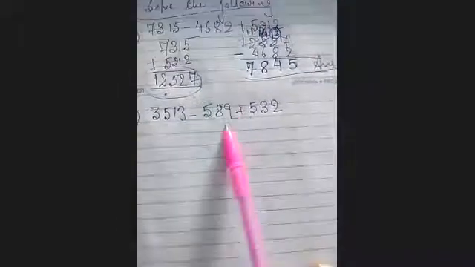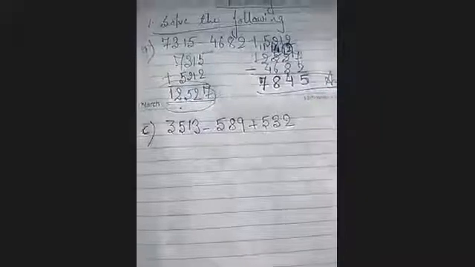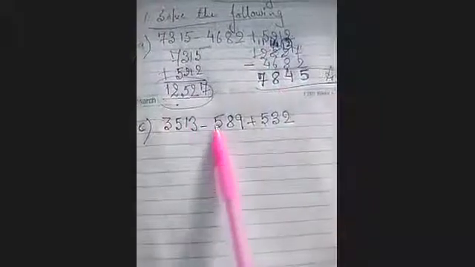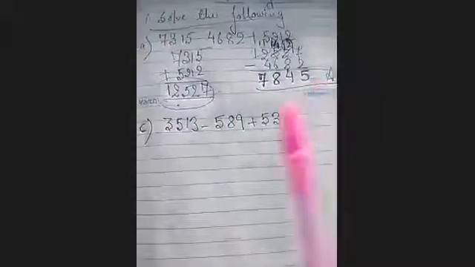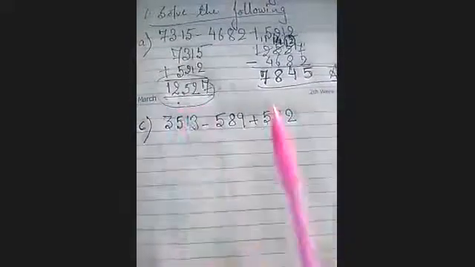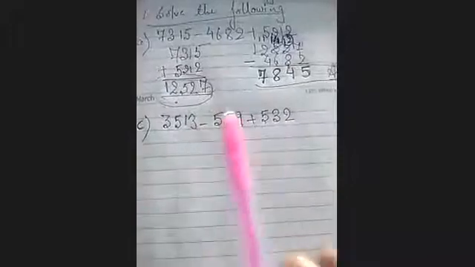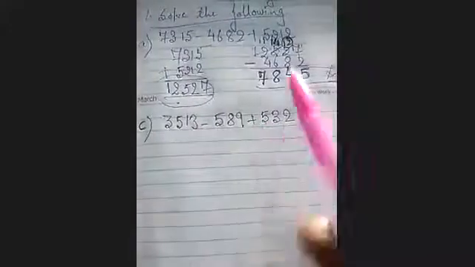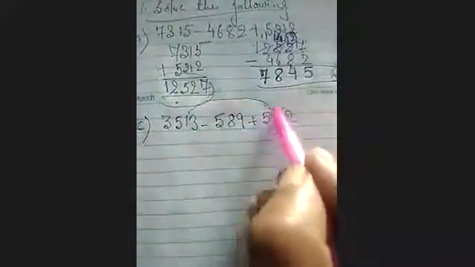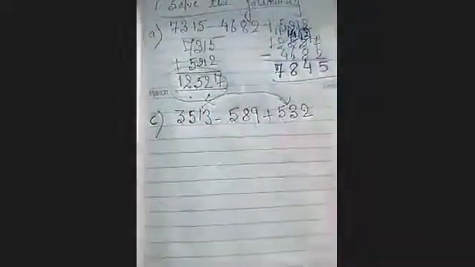Similarly, here in this question, we have to keep the friends together first, whether it is plus or minus. But always start solving this kind of question with addition. So here it is plus and here it is also plus, meaning 3513 and 532. These two are friends. So we will be keeping the friends together first.